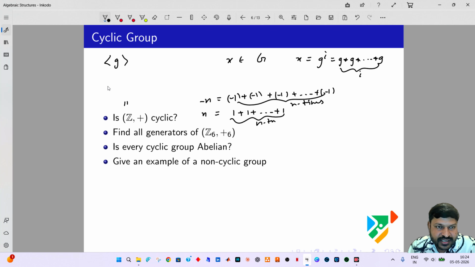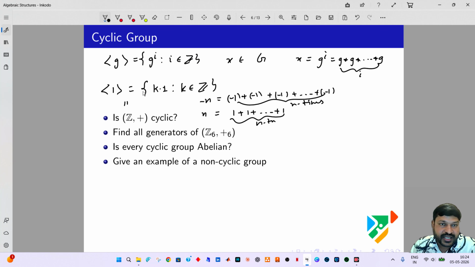We are writing it like this: it is generated by 1, and instead of g power i, we write k times 1, where k belongs to the set of integers. So you have to be very careful. In the abstract definition, this is written as g power i, where i is taken from the set of integers. In our case, we do not have g power i, we have i times g, where i is my k and g is my 1. So you have to be careful. k can be negative, positive and everything, and hence 1 is able to generate all the elements.